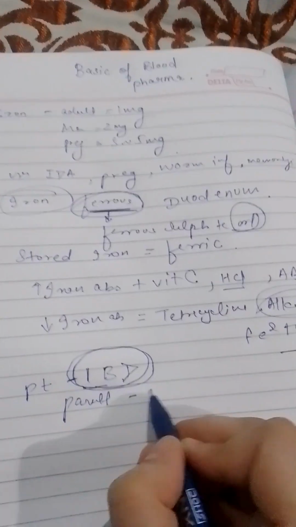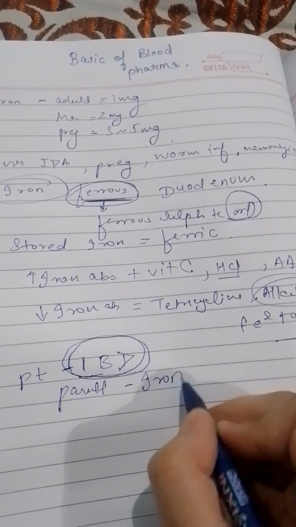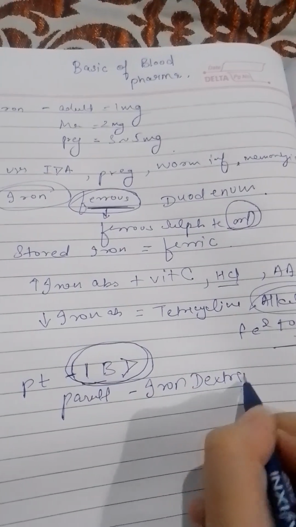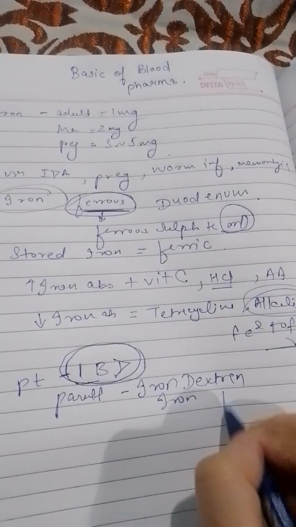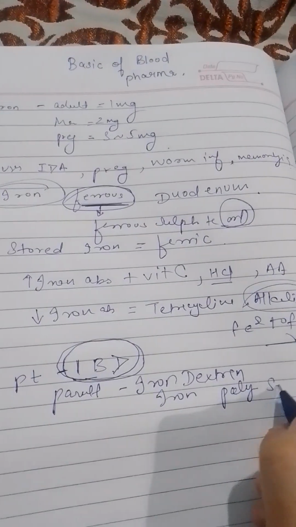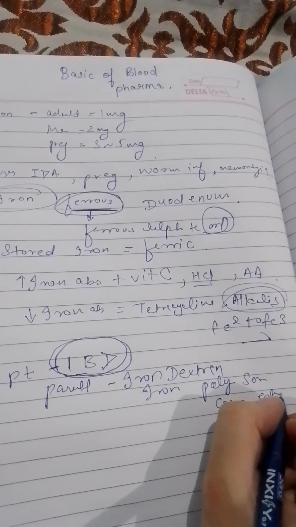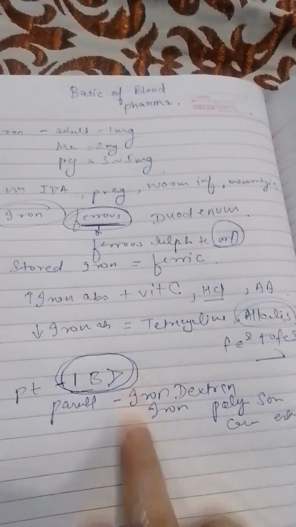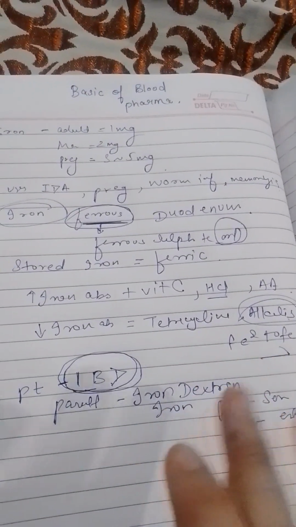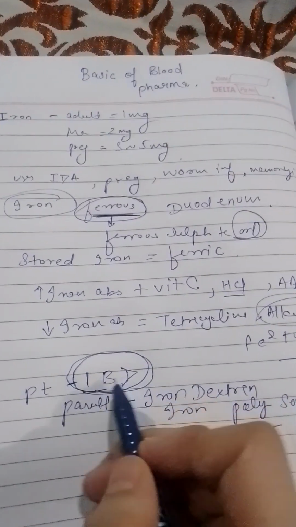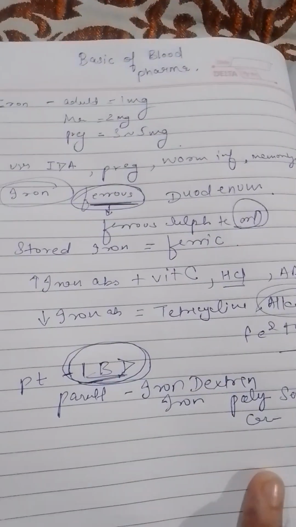For example, number 1, we can use iron dextran, or number 2, we can give iron polyglucose sorbitol carboxyethyl ester. These two are used when oral therapy is not tolerated, for example in inflammatory bowel disease.